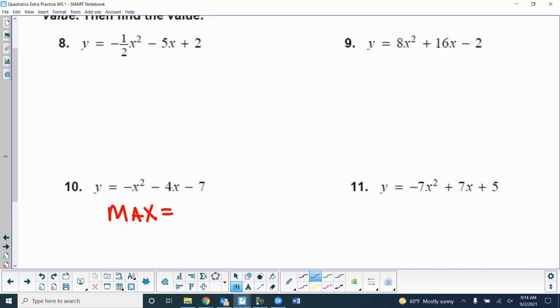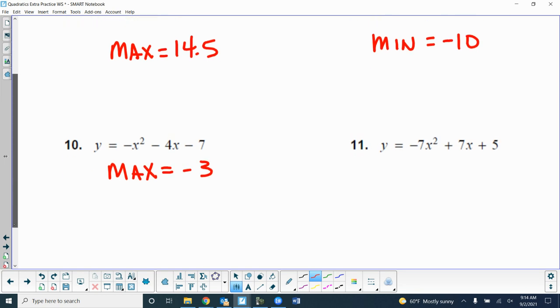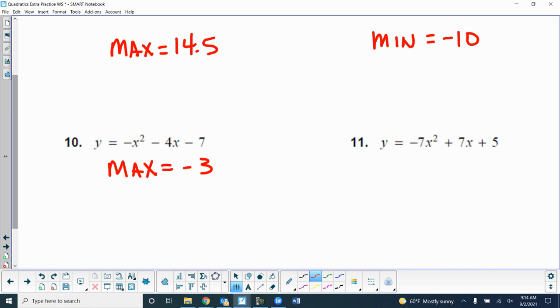Caleb, Collins? Is it -3? Yeah, -3. All right, I forgot to put the answers here. Number 11, max or min, Landry? Good, because it's negative.